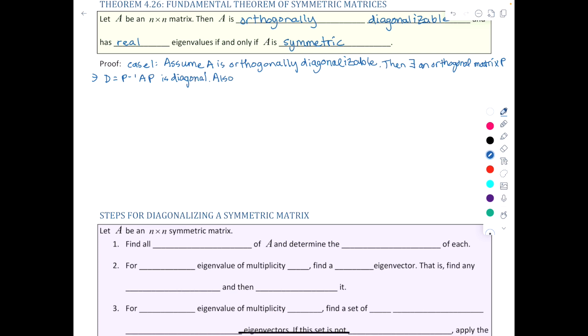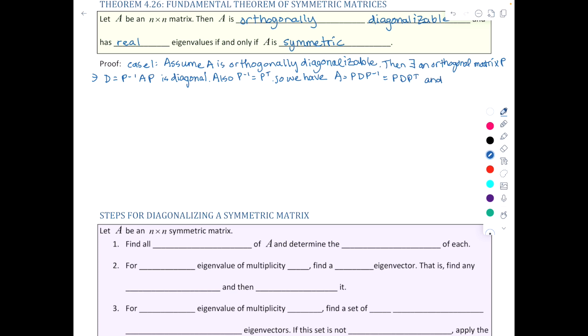Also, P inverse is equal to P transpose. So we have A is equal to P times D times P inverse, which equals P times D times P transpose.